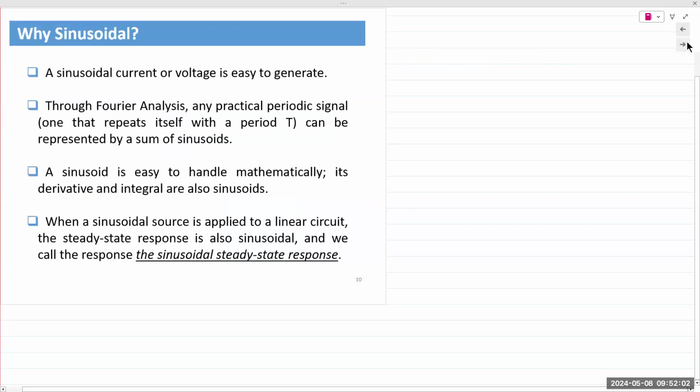So why do we work with sinusoidal analysis? Why is sinusoidal so popular? Well, sinusoidal voltages and currents are easy to generate. Basically, it goes off in a circle. There's a turbine with an electric coil rotating in a permanent magnetic field. That rotation is mechanical movement, which could be due to hydropower, water, or wind turbines.